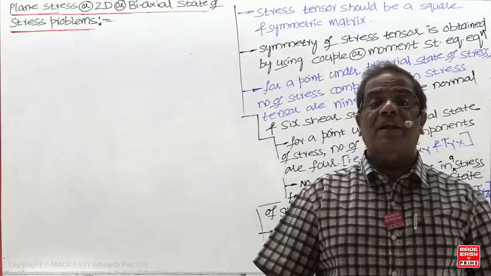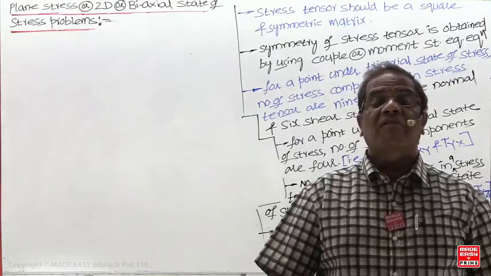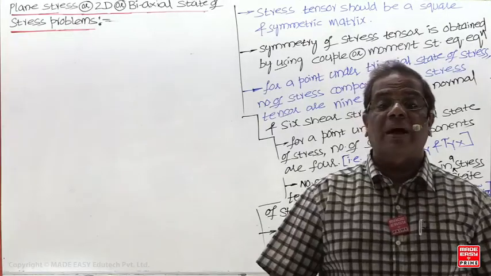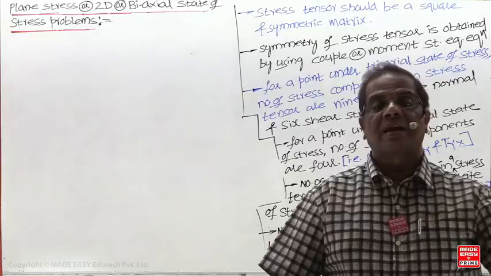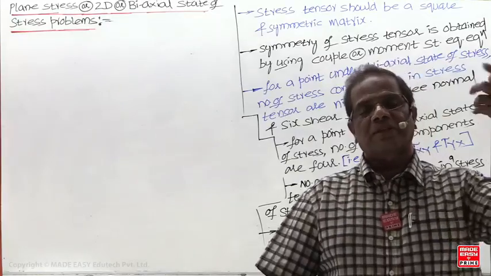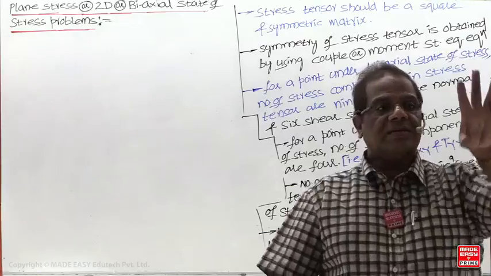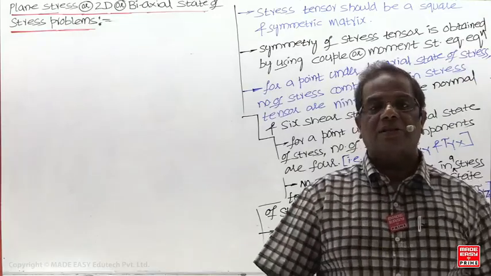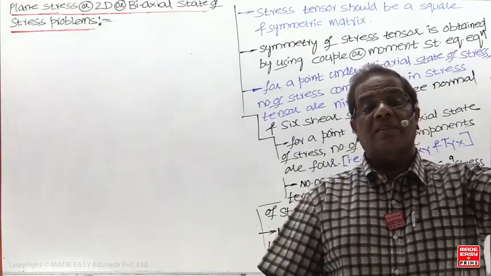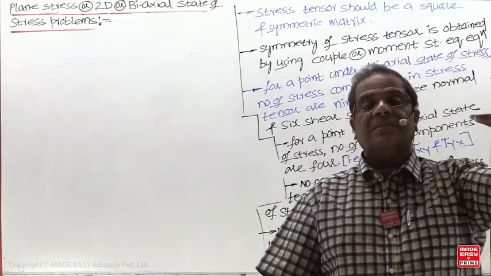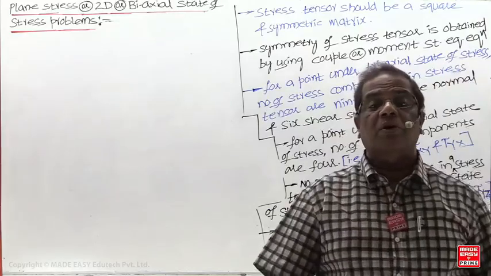But in a thin pressure vessel, the radial stress is very small and neglected. So a pressure vessel, thin or thick, is always triaxial, with stresses developed in three perpendicular directions. But a thin pressure vessel is assumed as a biaxial state of stress because the radial stress is very small.